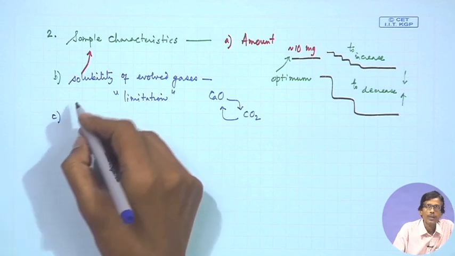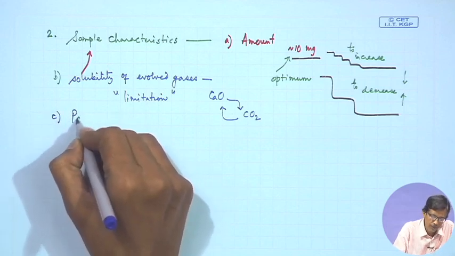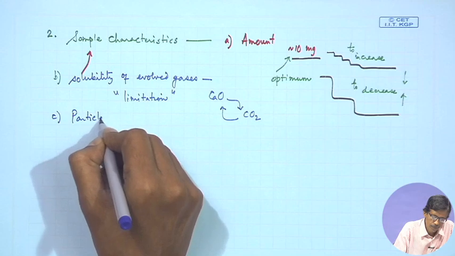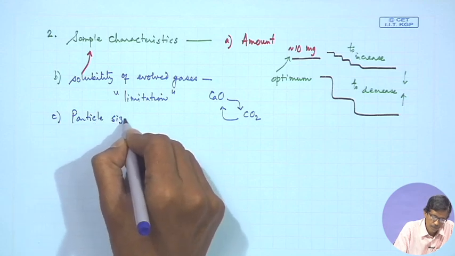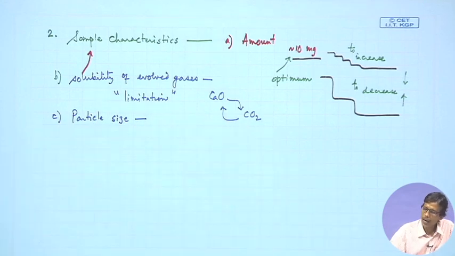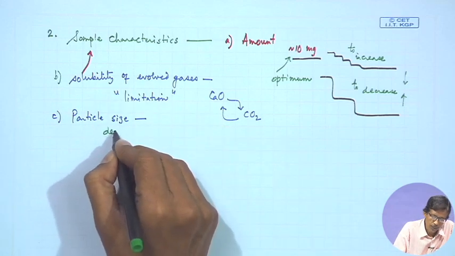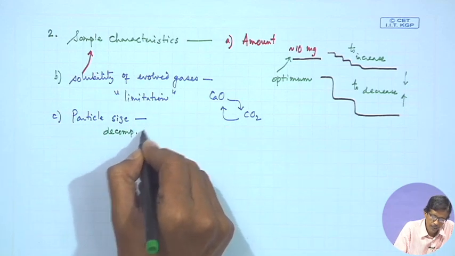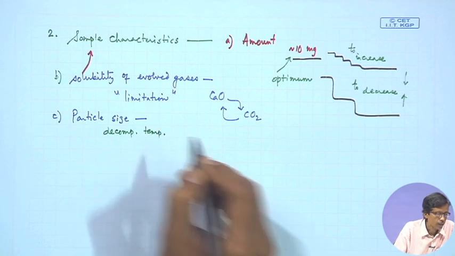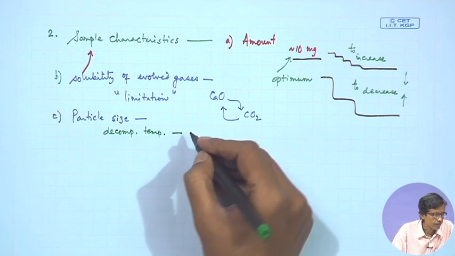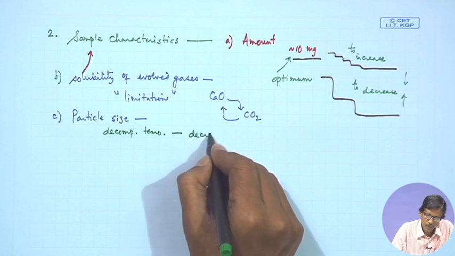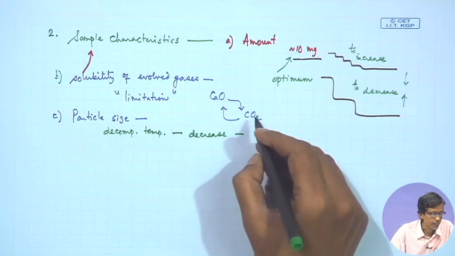Then we have the corresponding particle size, because we should have a good powder sample, because the corresponding decomposition temperature will decrease with the decrease in size.